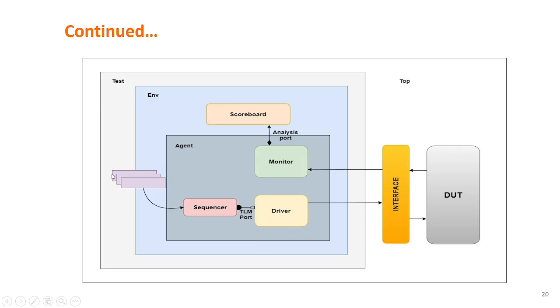Through the TLM ports, the sequencer gives items to the driver. The driver gives the stimulus to the DUT, the DUT processes it, and the output is given to the monitor. The monitor monitors whatever the output of the DUT is, and it is given for analysis to the scoreboard. So this is the basic test bench for the UVM.